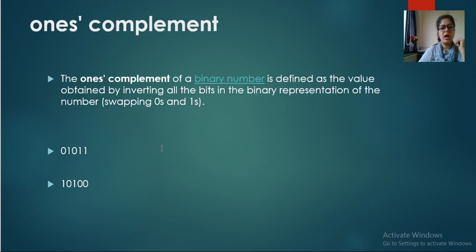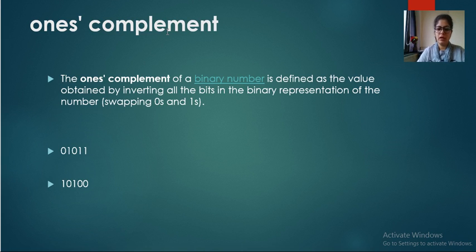Today we are going to start with next topic, that is ones complement. Ones complement of a number. So this is very easy method. You just have to apply the mechanism. Whenever we have to convert any number into ones complement number, we just have to replace the 0 with the 1 and 1 with the 0.